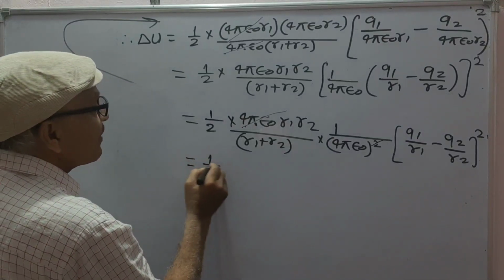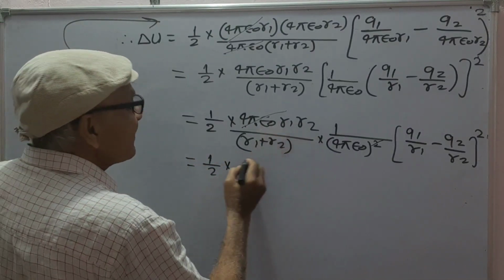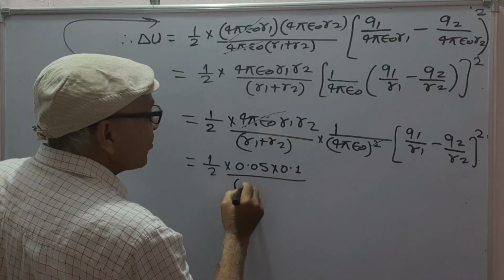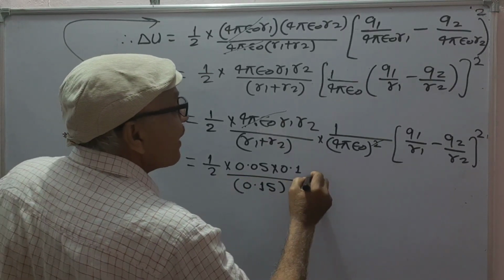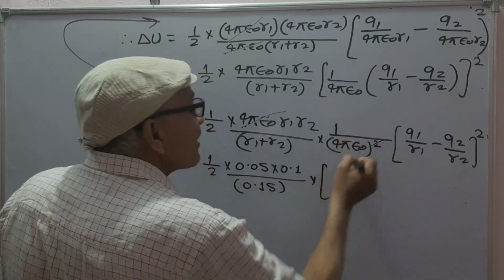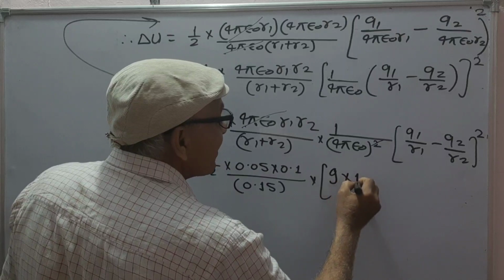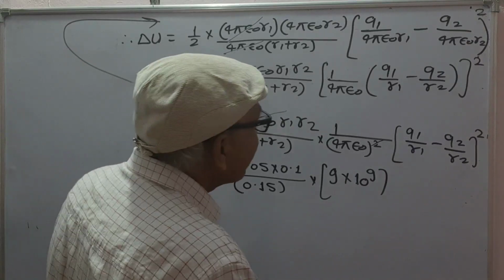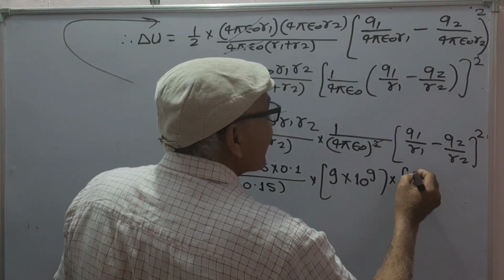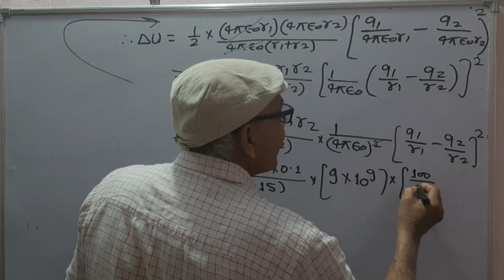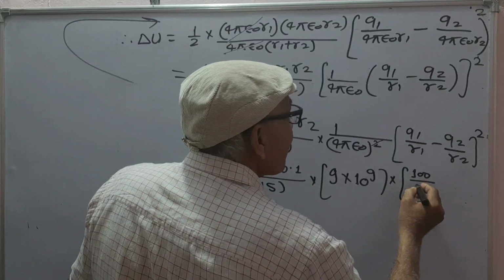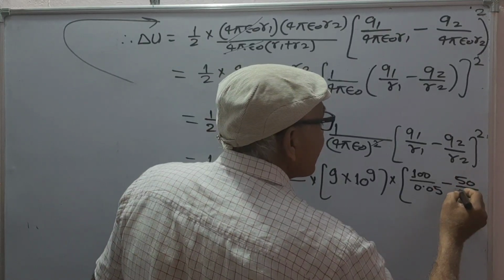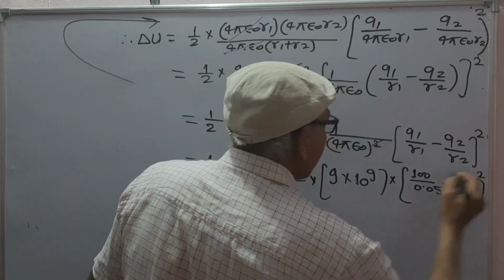So it is 1 upon 2, R1 is 0.05, R2 is 0.1 upon R1 plus R2 is 0.15, into this 1 upon 4 pi epsilon naught, which has value 9 into 10 to power 9, into Q1 is 100, R1 is 0.05, minus Q2 is 50, R2 is 0.1, its square.